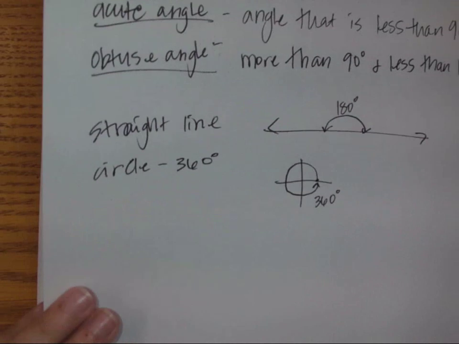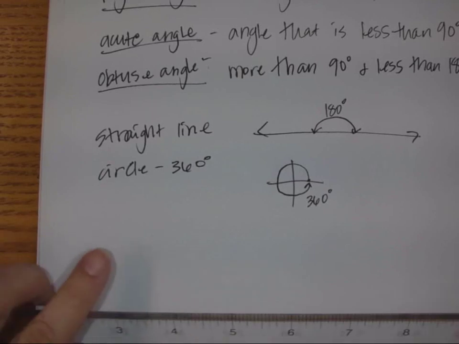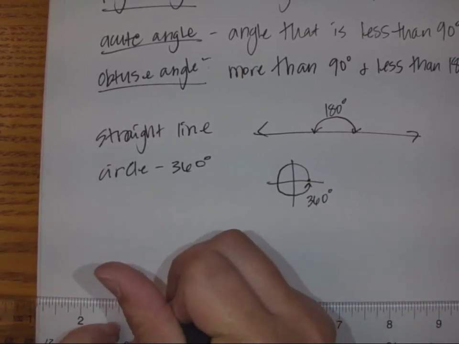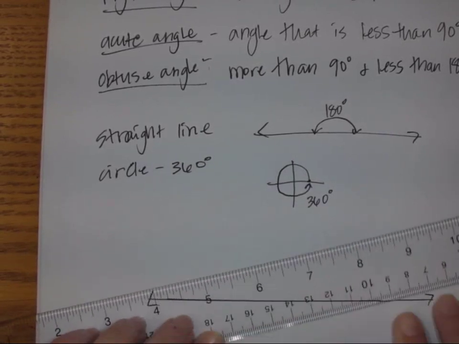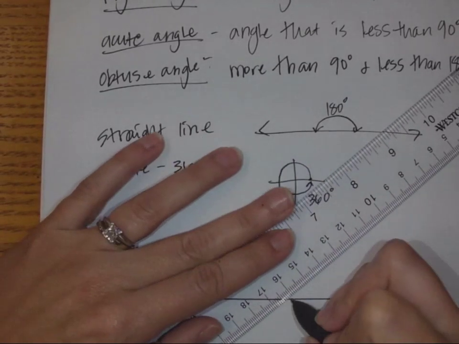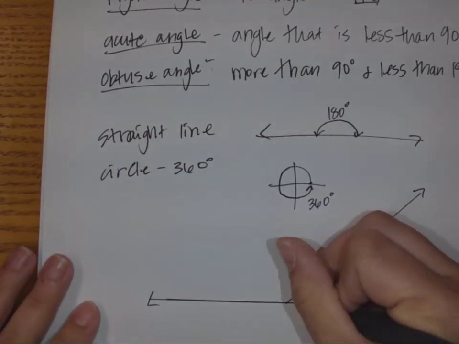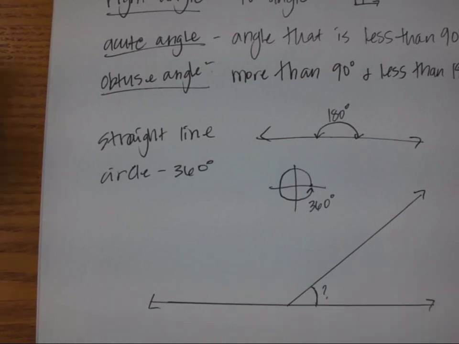At this point, if you were in class, we would practice measuring angles with a protractor. I'm assuming you don't have a protractor at home, so let me show you how we would have measured them in class. I have two different protractors.